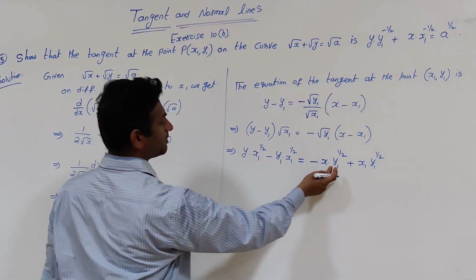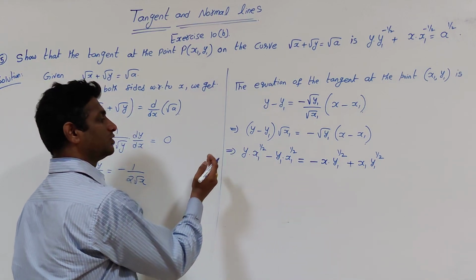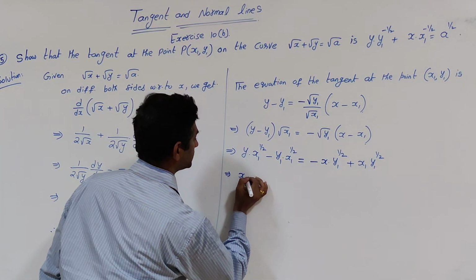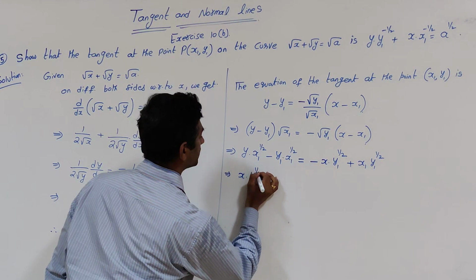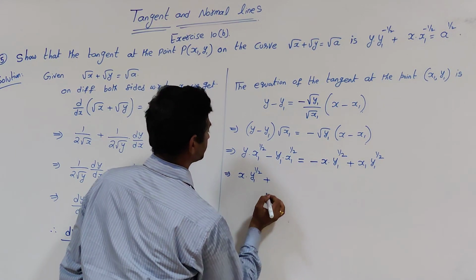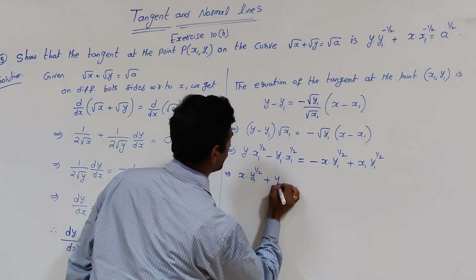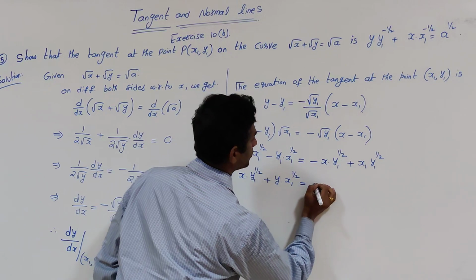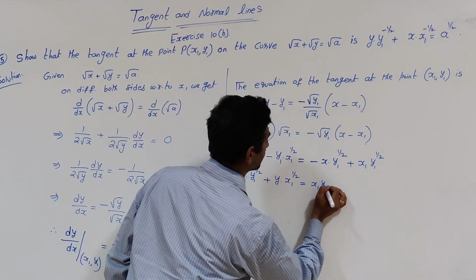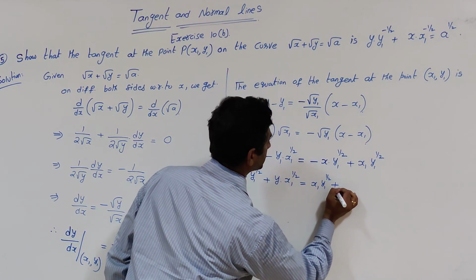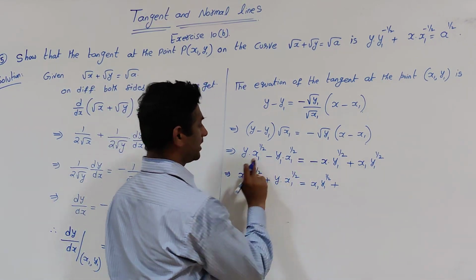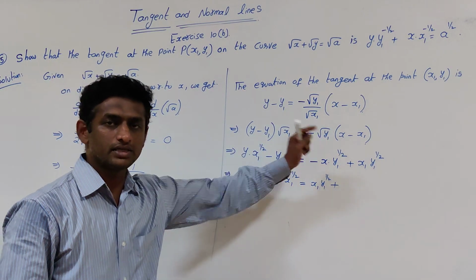So bring this minus x into y1 to the power of 1 by 2 to the left hand side: x into y1 to the power of 1 by 2 plus y into x1 to the power of 1 by 2 is equal to x1 y1 to the power of 1 by 2 plus, because it is a minus, when we take it to the right hand side it becomes plus, y1 into x1 to the power of 1 by 2.